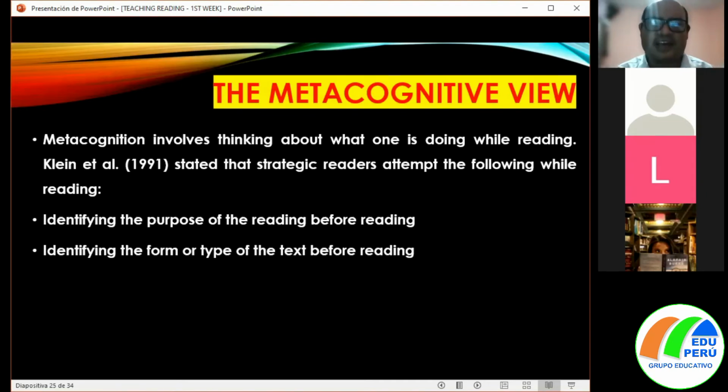Oh, what type of text is this? Formal, informal, a letter, a memo. What kind of text? Notice they start analyzing. They identify first the purpose of reading, then the form or type of the text.